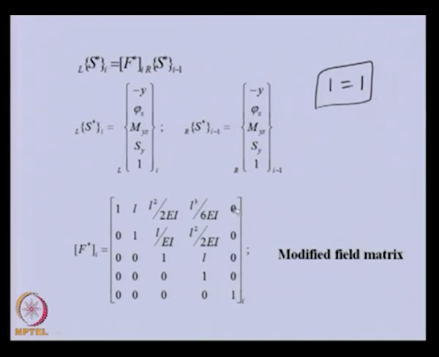Now as I told, we derived the field matrix for one plane motion of the shaft, but generally rotors have both plane motions, that is in the vertical plane and horizontal plane. So we expect that if we want to analyze both plane motions simultaneously, then we need to modify these matrices to incorporate both plane motions.